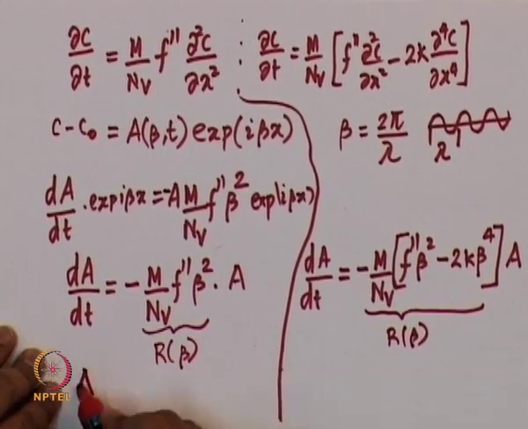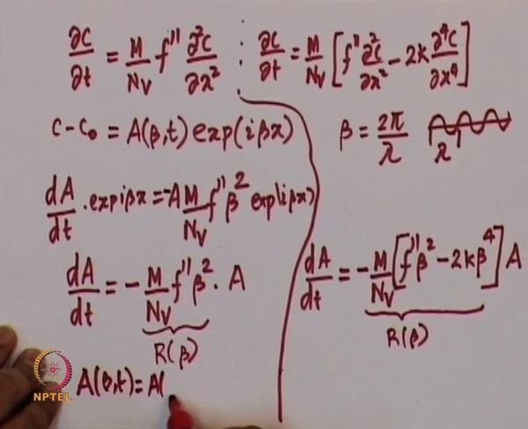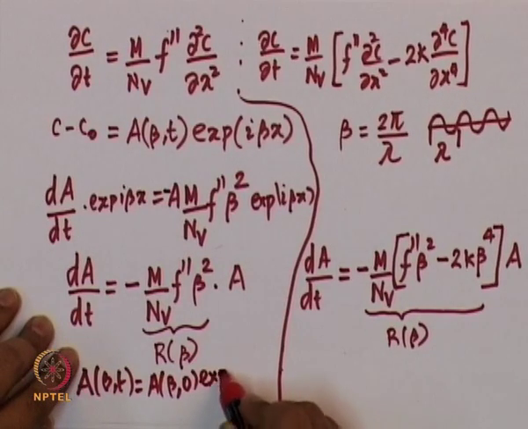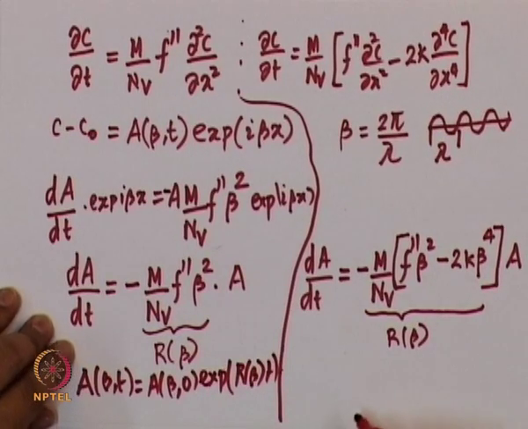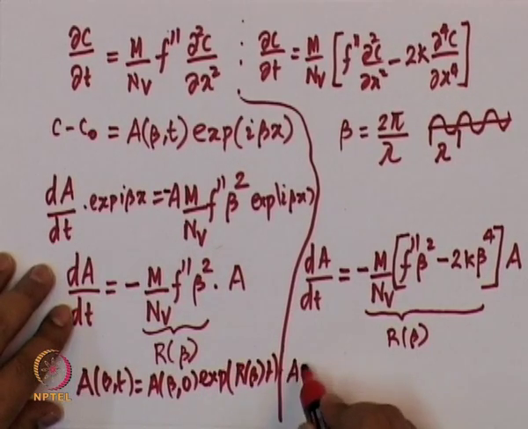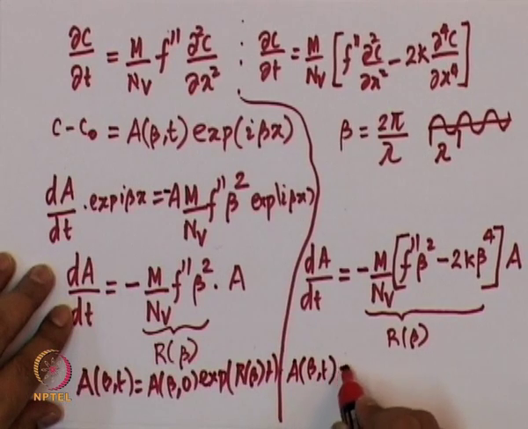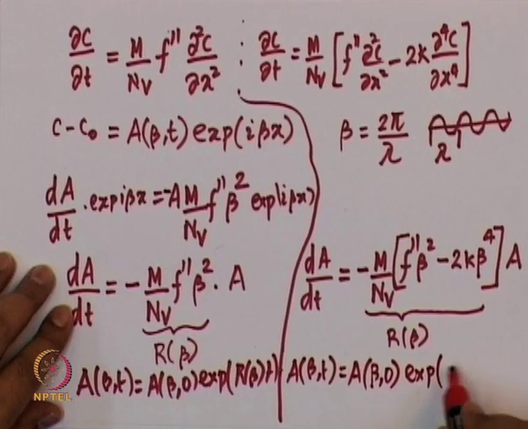You get the solution as A of beta comma t is nothing but A of beta comma 0 exponential R of beta t, and in this case also it is the same: A of beta comma t is equal to A of beta comma 0 exponential R of beta t.